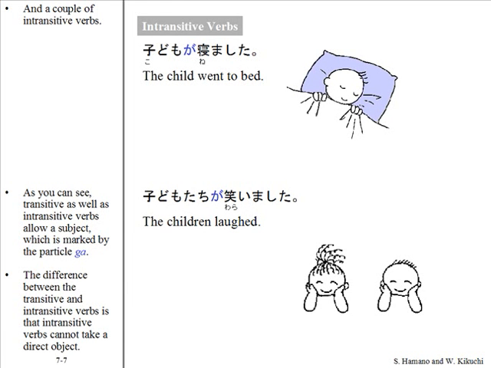The difference between the transitive and intransitive verbs is that intransitive verbs cannot take a direct object.